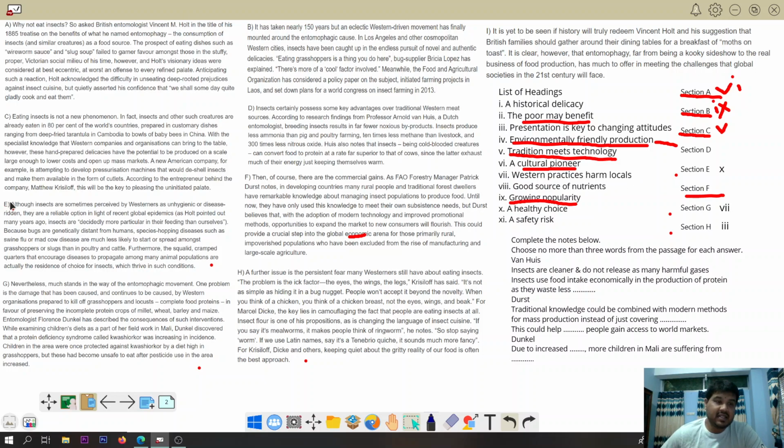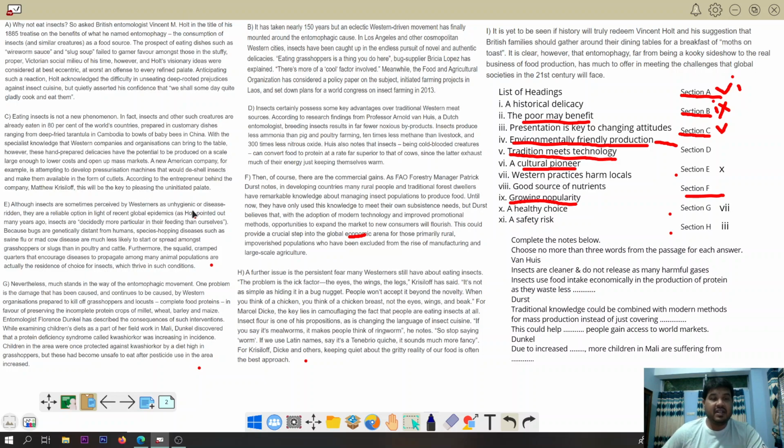So section E says, although insects are sometimes perceived by Westerners as unhygienic or disease-ridden, they are a reliable option in light of recent epidemics. As Holt pointed out many years ago, insects are decidedly more particular in their feeding than ourselves.